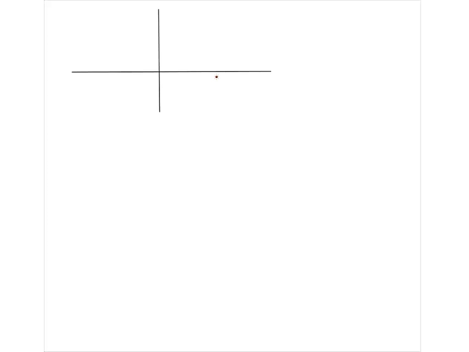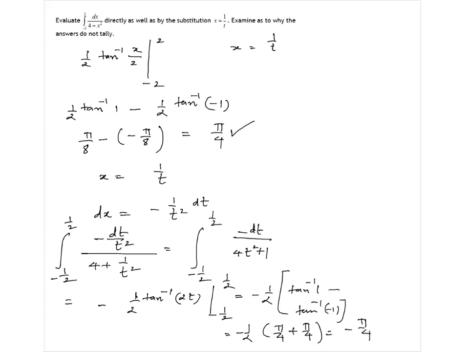But if the function is above x-axis, algebraic area is always going to be positive area. So the answer can never be negative for this. 1 upon 4 plus x square function is a positive function at all points. So plus pi by 4, that is the correct answer.